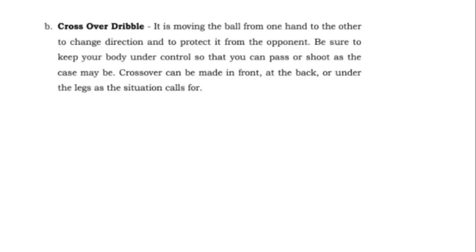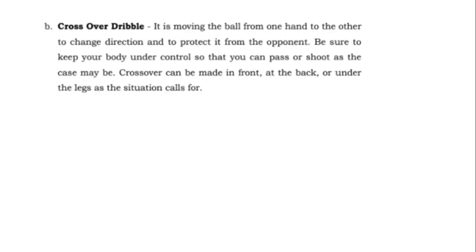Okay? The second type of dribble, we have here the crossover dribble. It is moving the ball from one hand to the other to change direction and to protect it from the opponent. So, pag sinabi nating crossover dribble, it is the changing of position of the ball or changing of direction of the ball.